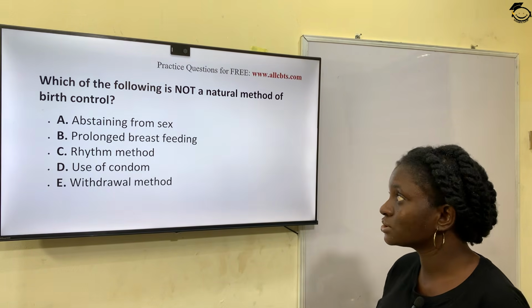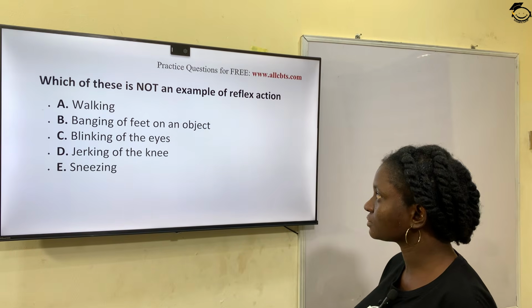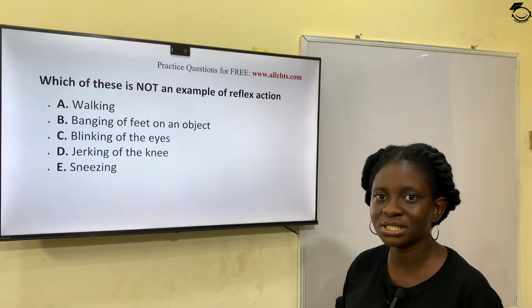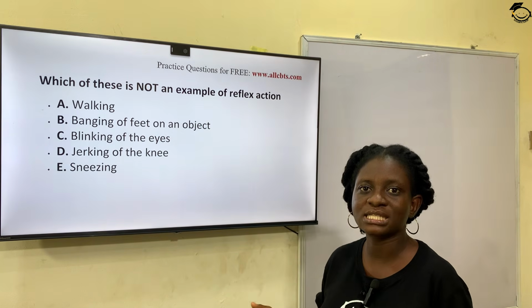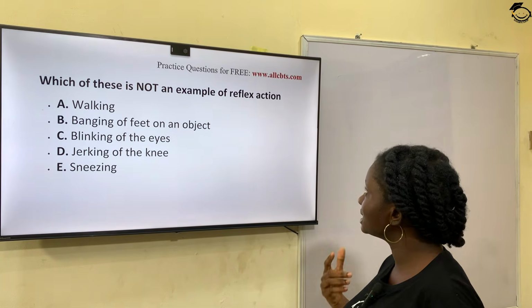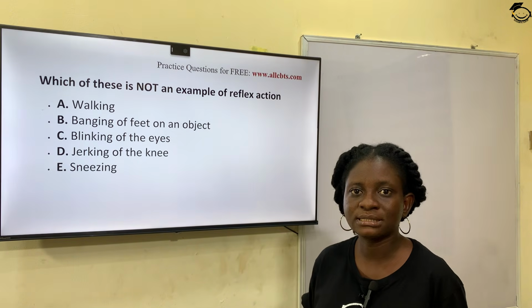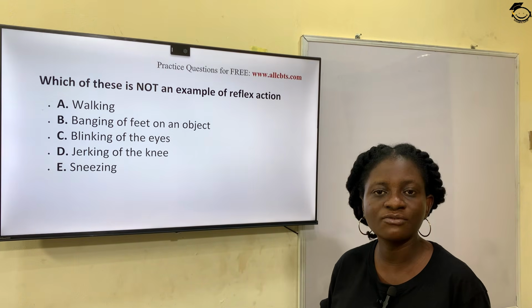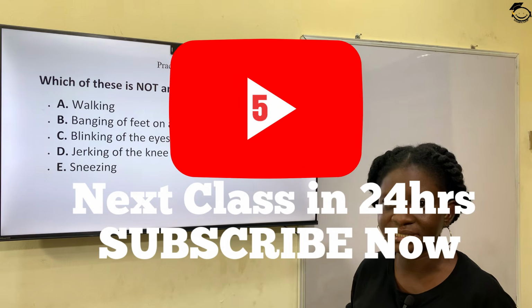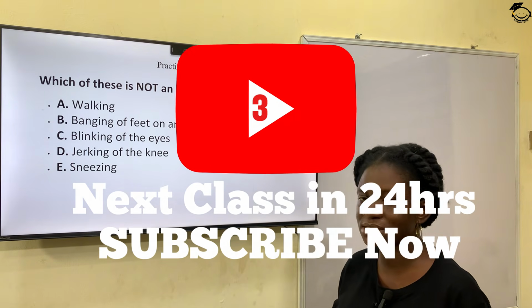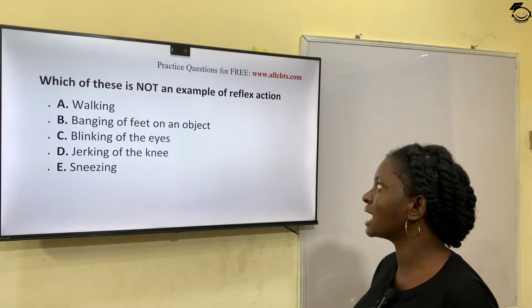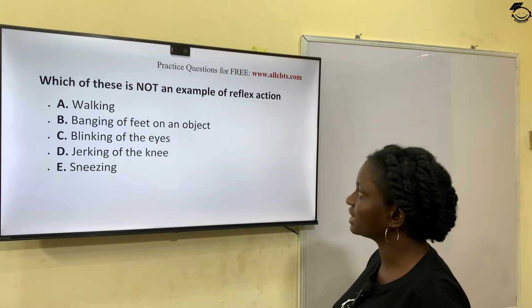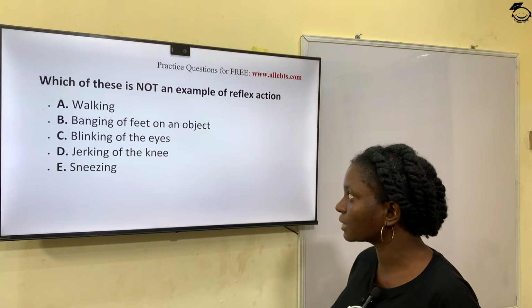The next question: which of these is not an example of reflex action? Like I said earlier, reflex action is something that is involuntary, not learned, a fast automatic response. Option A, walking.